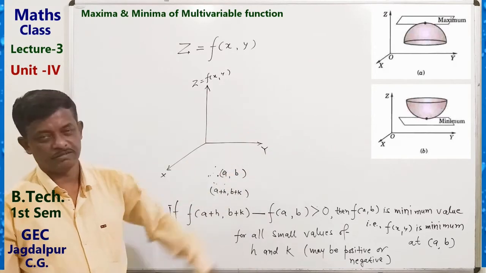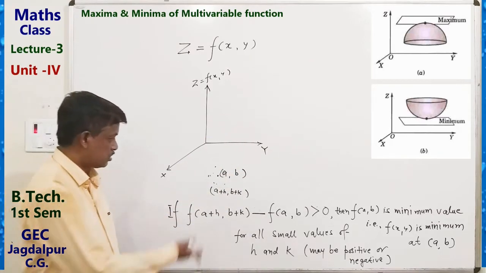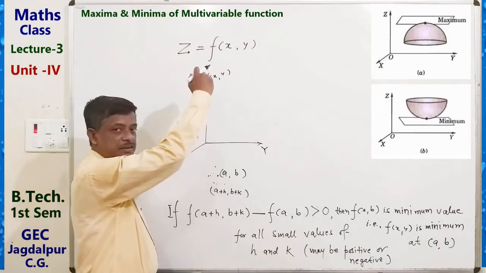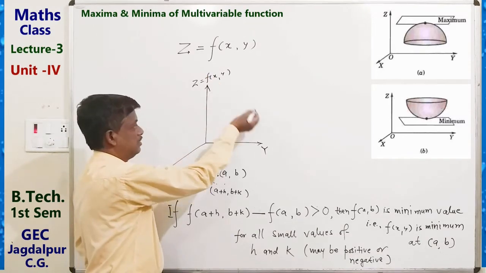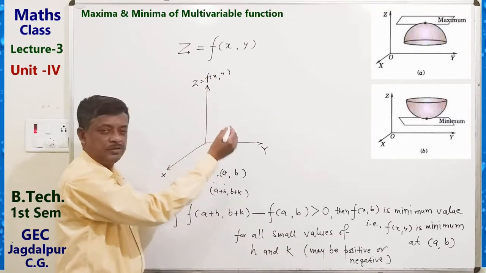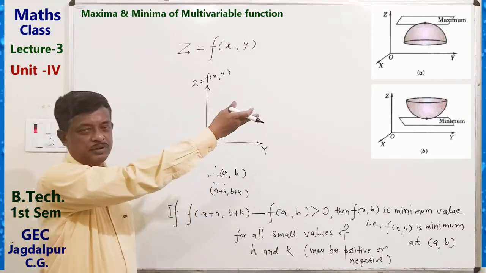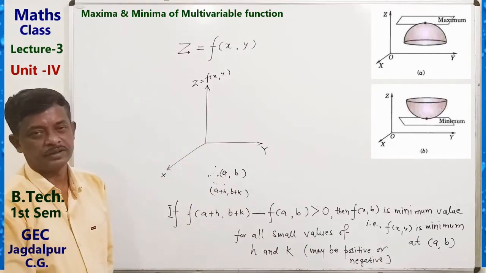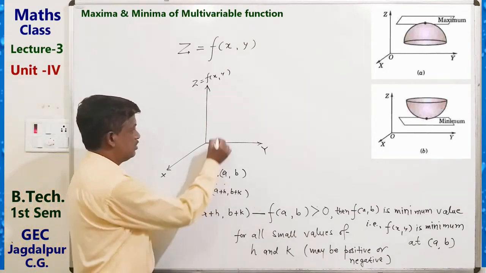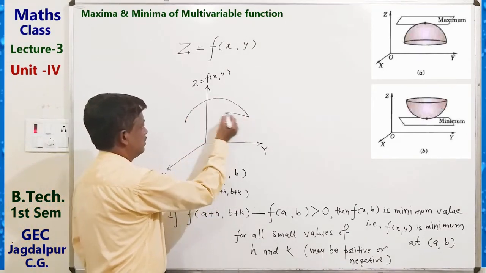From the second diagram it is clear. Corresponding to this, there are the values of z like this: a dome for maximum and a ball for minimum. Clear? Corresponding to this point, like this.